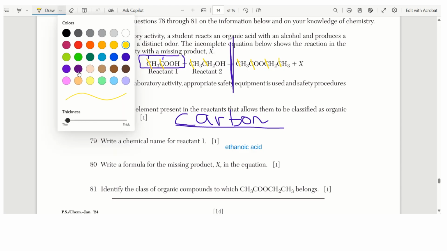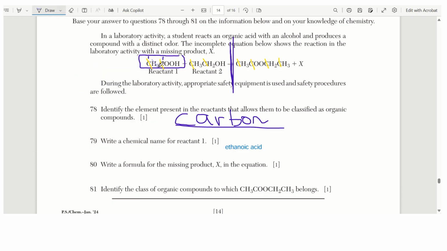All right, let's pick a different color. Let's pick this light purple. Hydrogens: 3, 4, 5, 6, 7, 8. But I missed this, so I'm missing 2 H's.